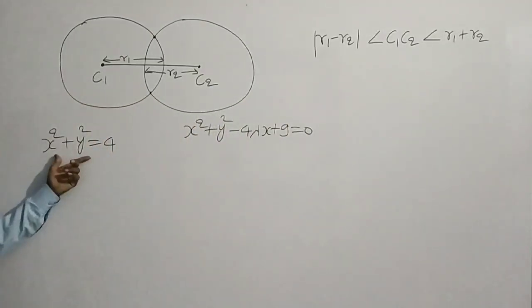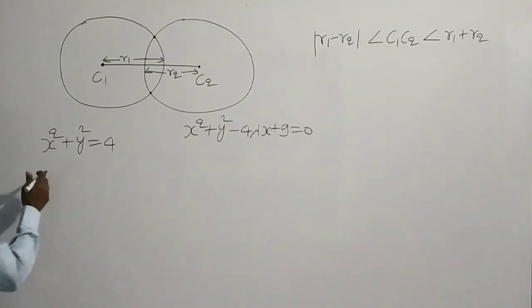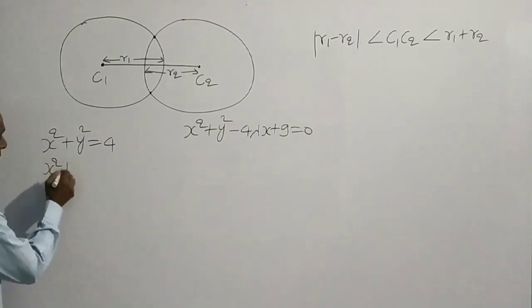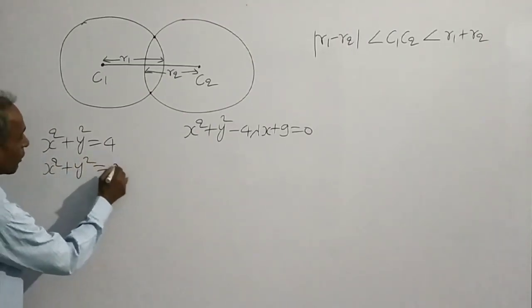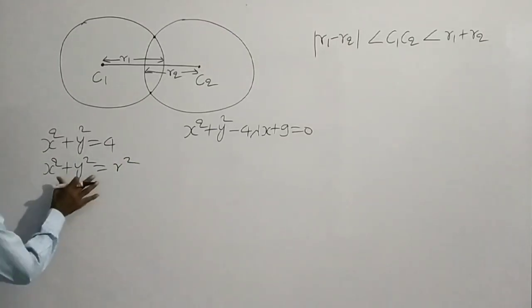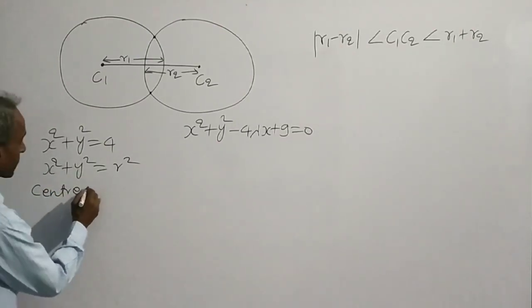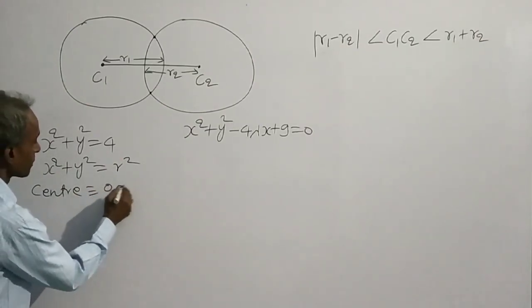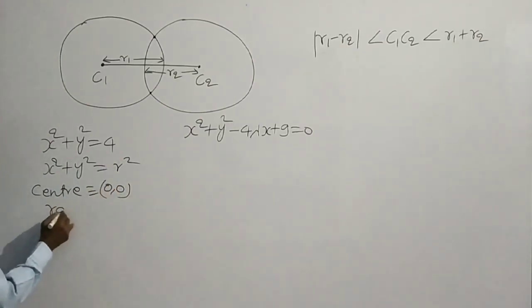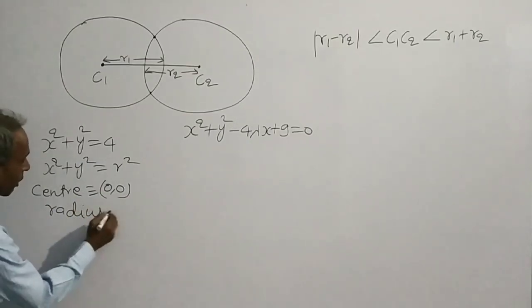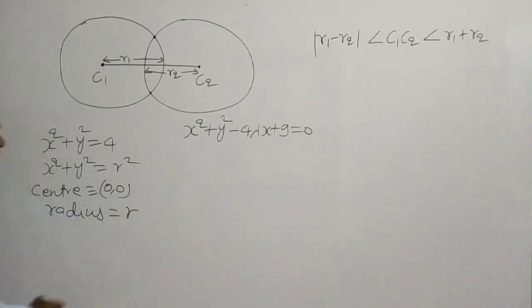Equation of this circle is given. We compare it with x square plus y square is equal to r square. We know that center of this circle is 0, 0 and radius of this circle is r.